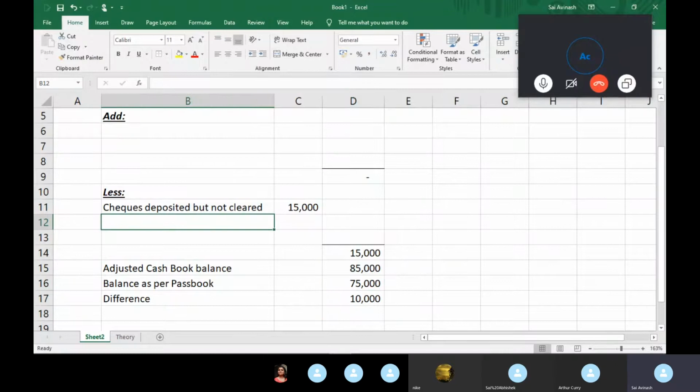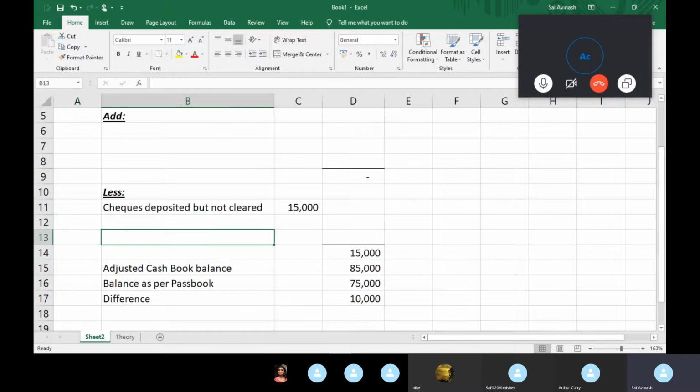So let's say that I have bank charges, right? Or rather, the bank has credited interest, right? But I have not recorded the interest yet, which means the bank will have an increased balance.